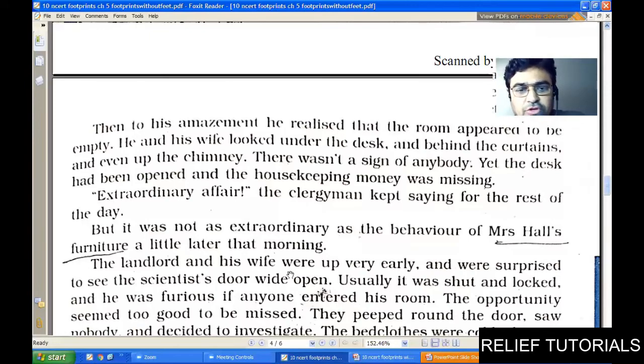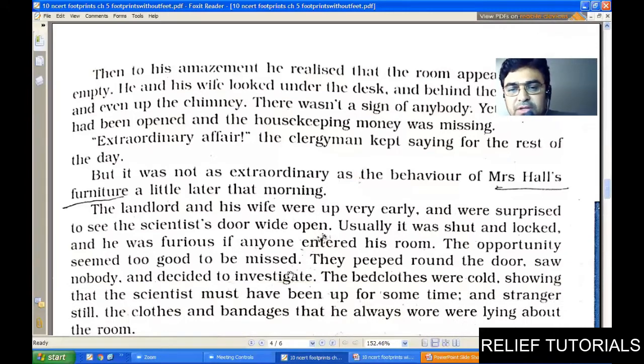But it was not as extraordinary as the behavior of Mrs. Hall's furniture a little later that morning. After this curious incident, in the same morning, something unusual happened. The landlord and his wife were up very early and were surprised to see the scientist's door wide open. It was never seen wide open. It was never allowed to be peeped inside.